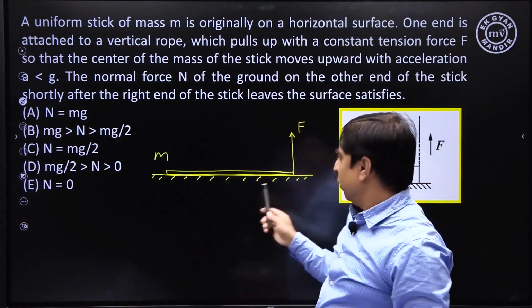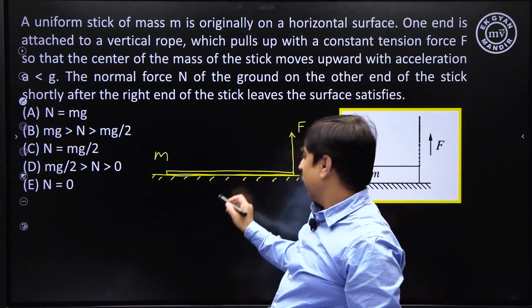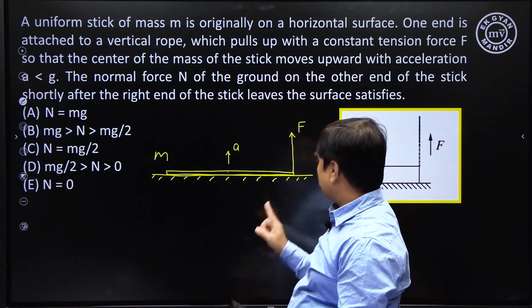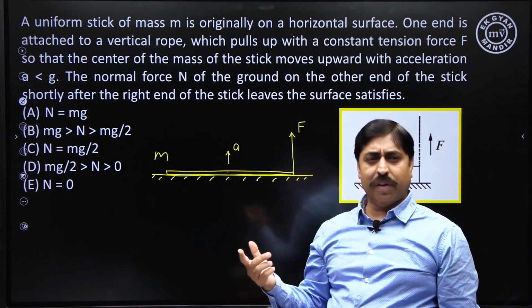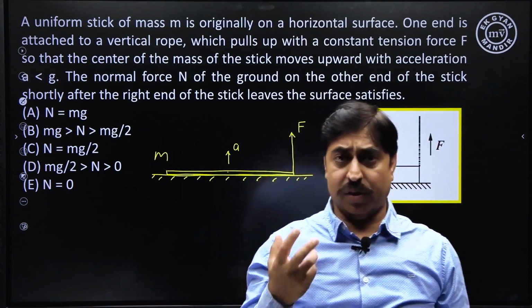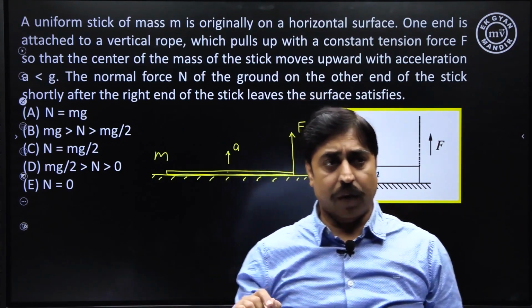If you are pulling this end of the stick up, this force produces an instantaneous acceleration A in the center of mass. As soon as you start applying this force, immediately after that the center of mass of this stick has an upward acceleration of A, but that value of A is less than g. This is given in the question.